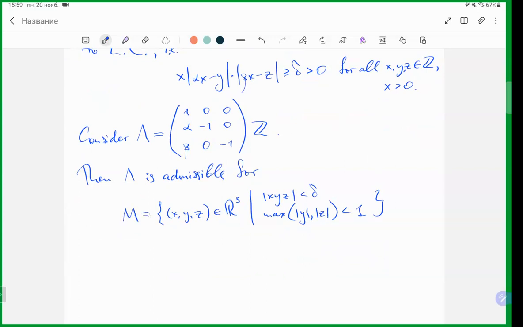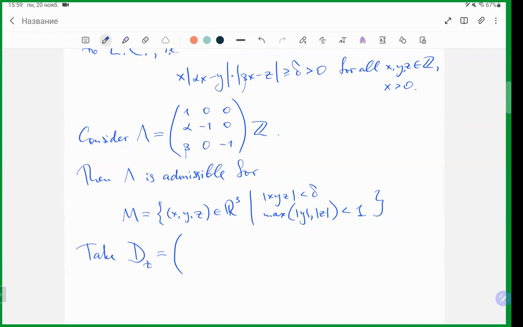Now, if we consider the following diagonal matrices, say D_t, matrices of the following form.